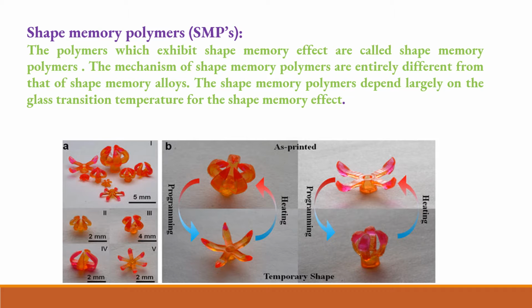Thus, by analyzing the glass transition temperature, we could program a particular polymer according to the external stimuli that is required. See in that picture, I have a particular polymer. By programming or by heating, its shape is changing from permanent to temporary and again back to permanent.